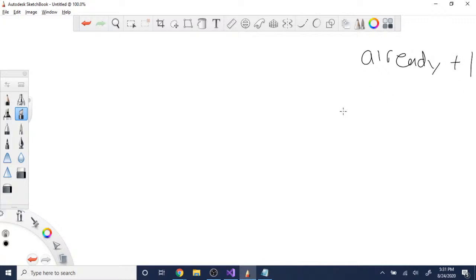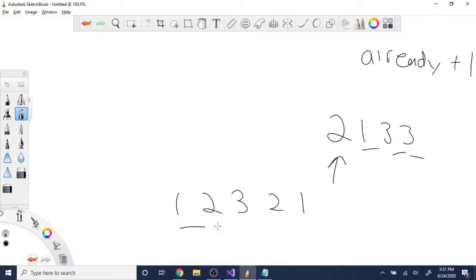Let's say it was 2, 1, 3, 3. Repeat the first number. What if I had 1, 2, 3, 2, 1? I'll just increase 1 here. What if it was 1, 2, 3, 3, 3?